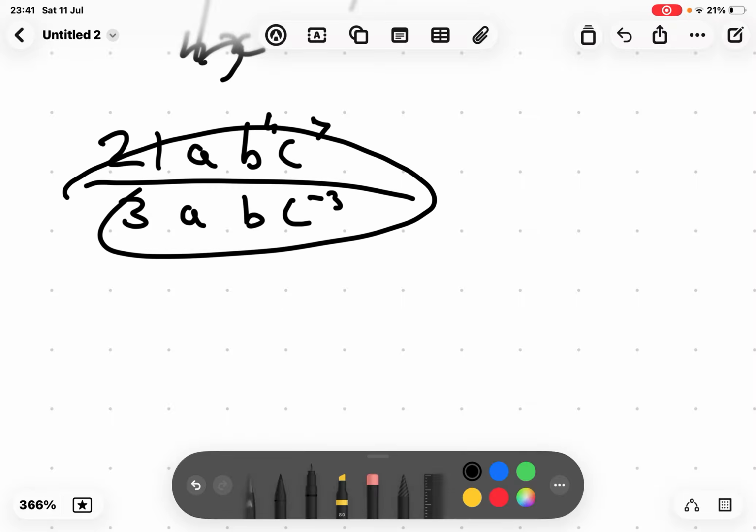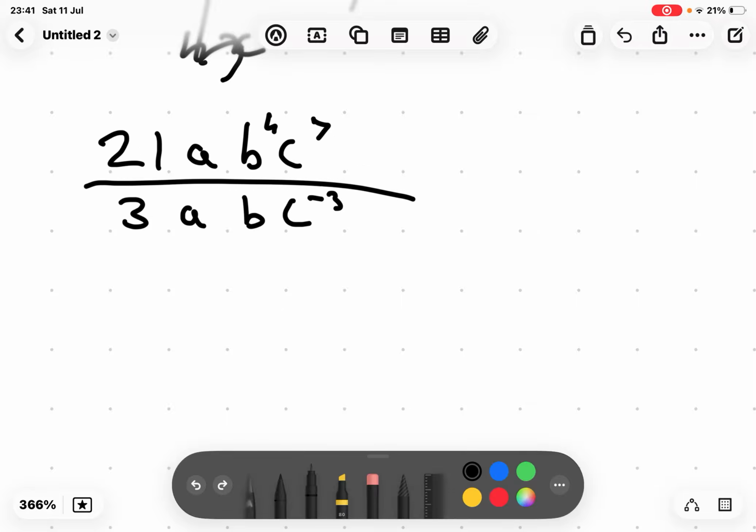Okay, this is the same thing as dividing, so basically just divide and take away. This is 7, these cancel, b minus 3, and then c 4. Positive 3.